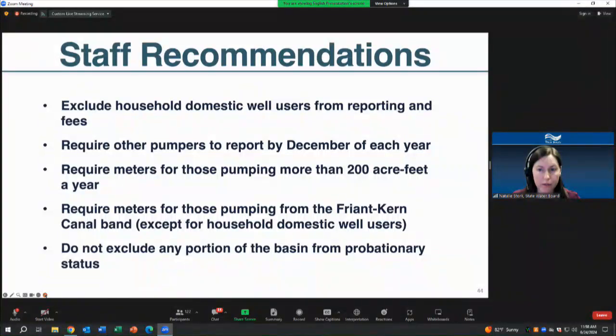Since all 3 plans for the basin were determined inadequate, we recommend any probationary determination apply to all 3 plans. That concludes our presentation on recommendations in the draft staff report. Next, I'll walk through the schedule leading up to a hearing.